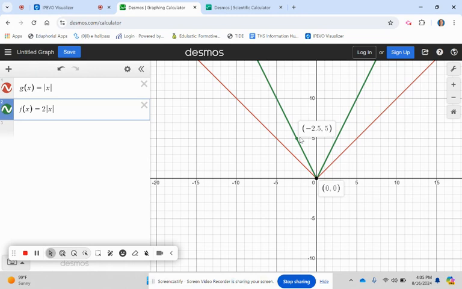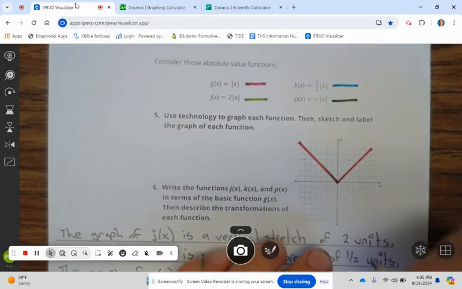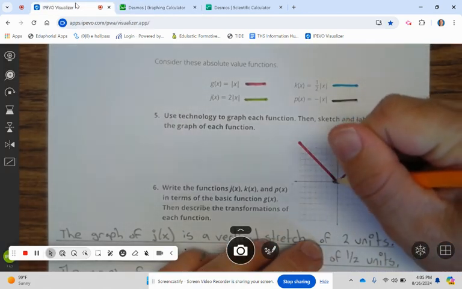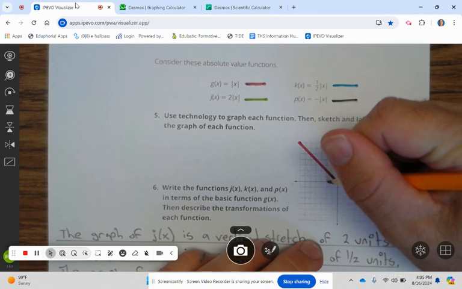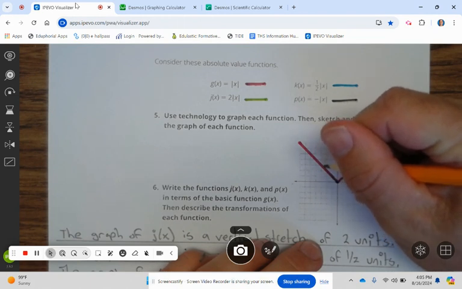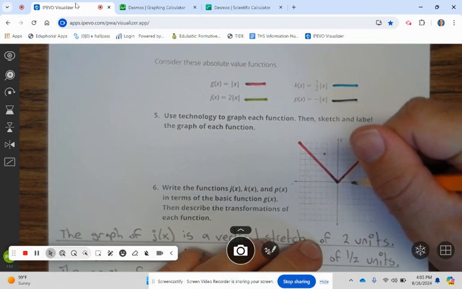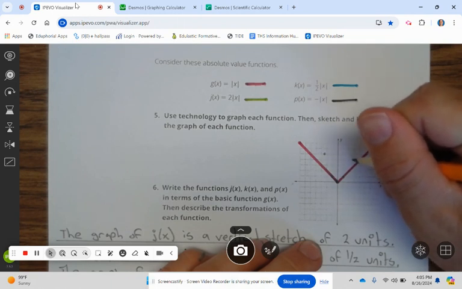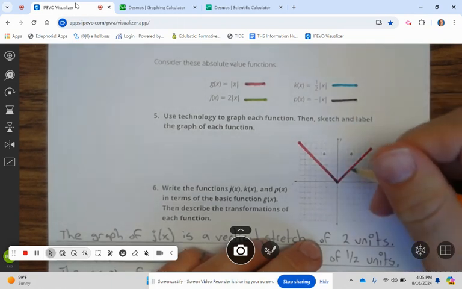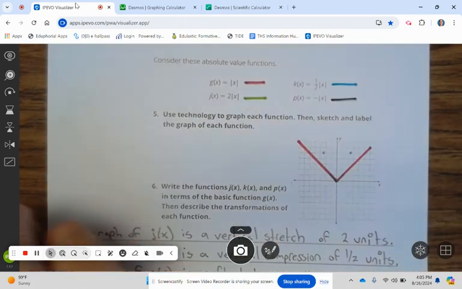Negative 2.5, 5 and 2.5, 5. So negative 1, 2, and 1, 2, and 0, 0. We said green.